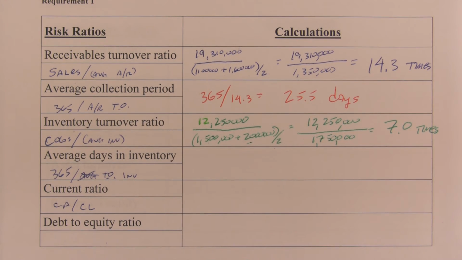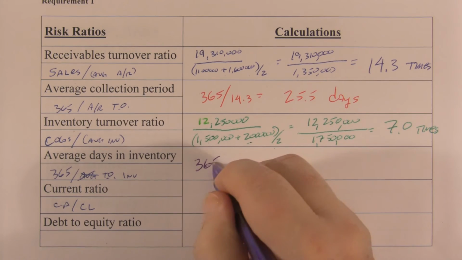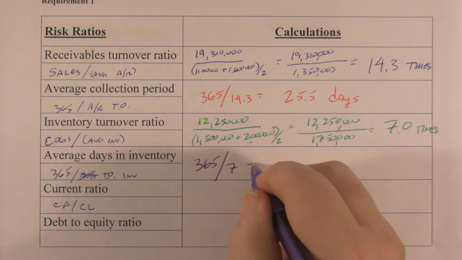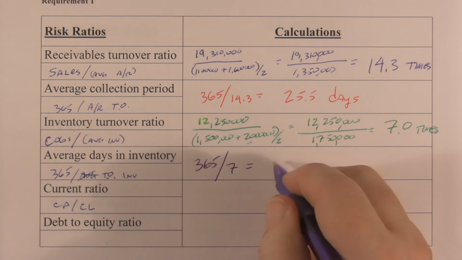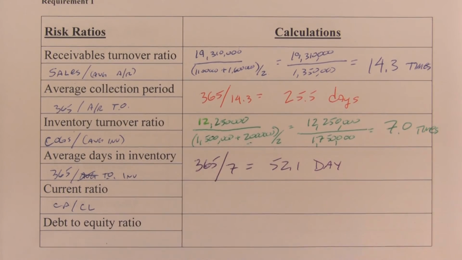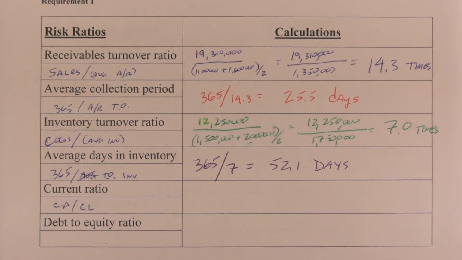The related question to that is, how long does it take us to sell a piece of inventory? Take 365, the number of days in a common year, divide by 7, and it takes about 52.1 days. So our inventory sits on our shelves from the minute it comes in until the minute we sell it, about 52.1 days.